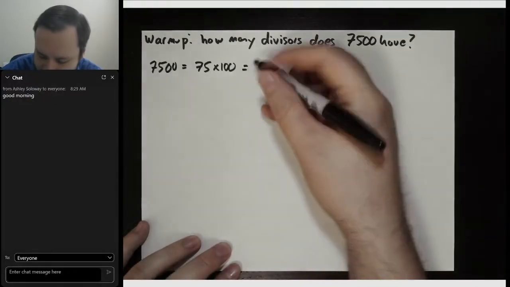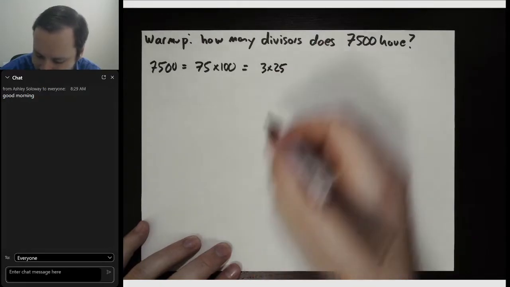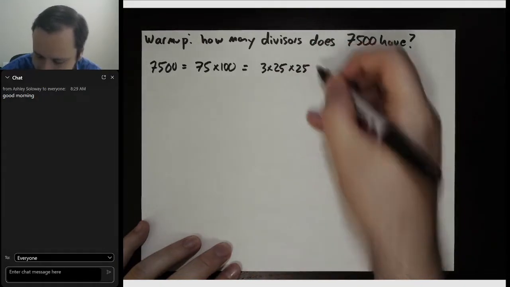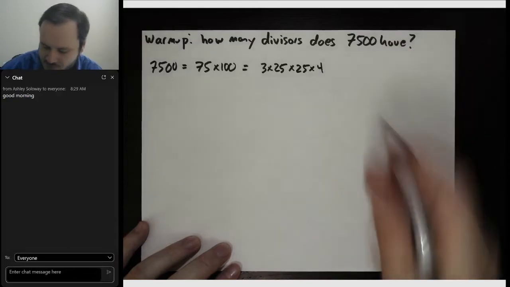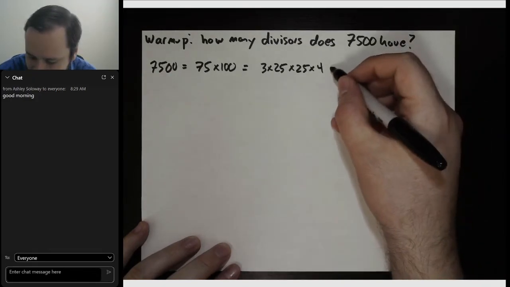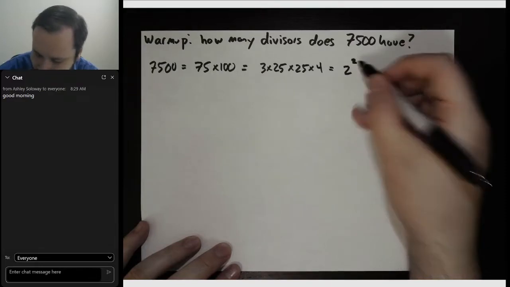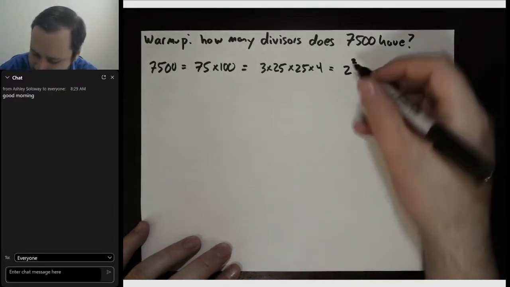75 is 3 times 25. And 100 is 4 times 25. Or 25 times 4, I guess, because that's what I wrote. And each one of these is really easy to get a prime factorization for. So 4 is 2 squared. And then times 3.